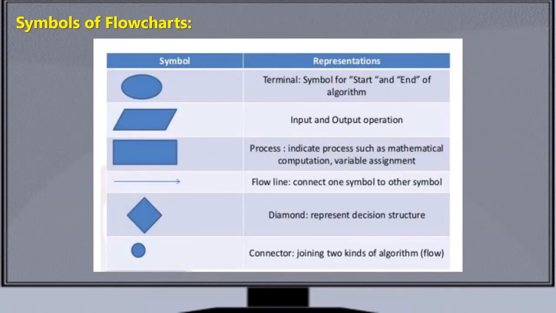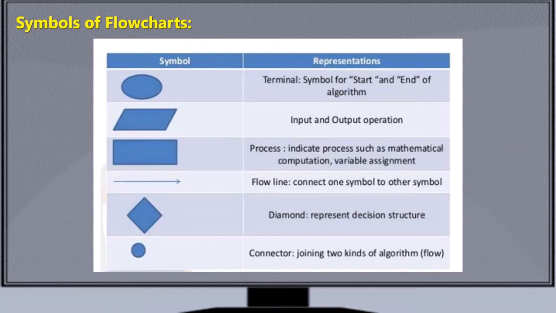Now students, you can see the different symbols of flowcharts. First one is the terminal, which is used for start and end of an algorithm. Second symbol you can see is a parallelogram. It is used for input and output operations. You can see a rectangle processing box, which indicates a process such as mathematical computation or variable assignments.